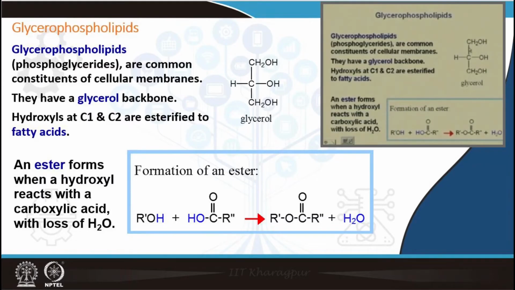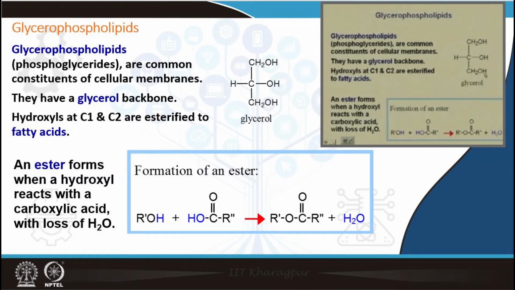Now, you recognize that these OH groups that you have here can be esterified by acids. What is an esterification reaction? We have an ROH and a RC double bond OH. With the removal of water, we form an OCO, an ester formation.